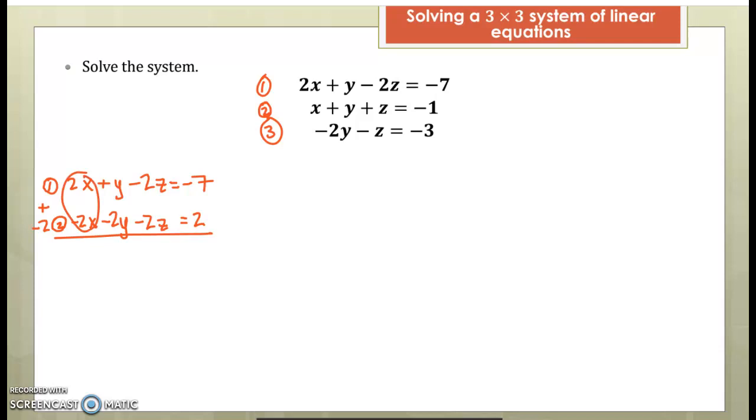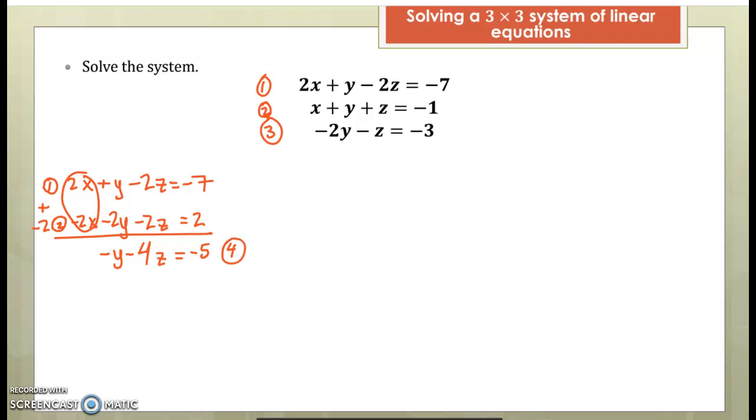Then I get y plus negative 2y, which is negative y. Then negative 2z plus negative 2z is negative 4z. Doesn't look like a 4. And then negative 7 plus 2 is negative 5. So let's go ahead and label this equation 4.